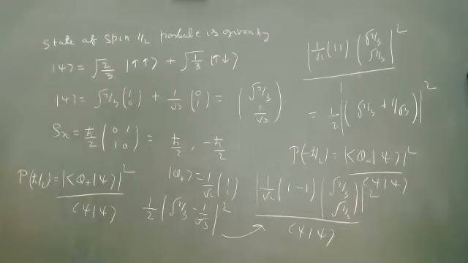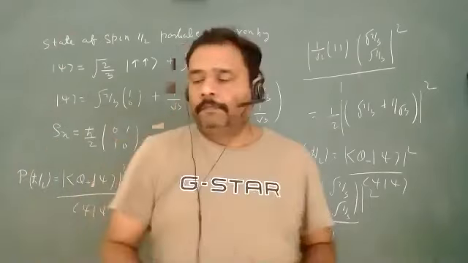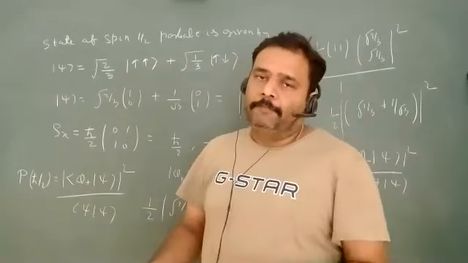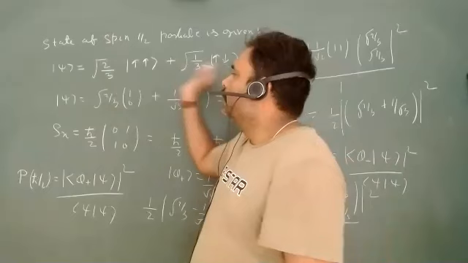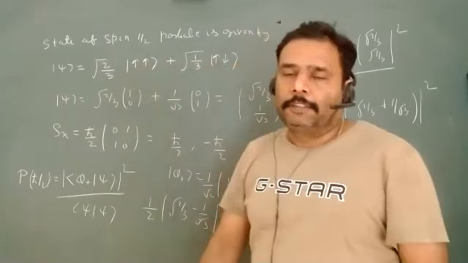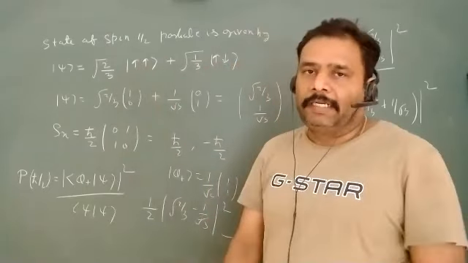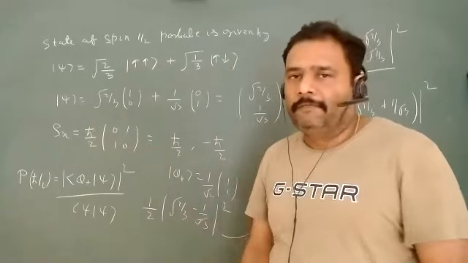So this is the best trick I will advise you. Whenever you get a problem in spin form, you just convert each and everything into matrix form, and you can get the answer very easily.